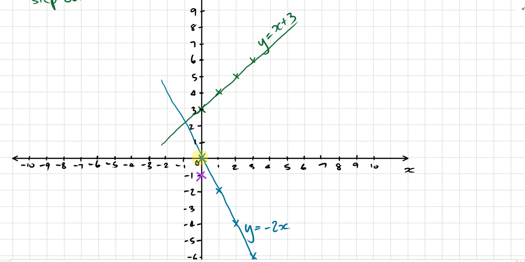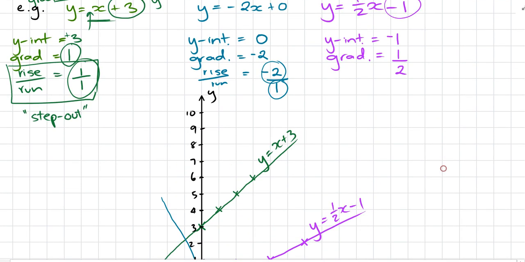So I'm going up 1 and to the right 2. Put a point there, up 1 and to the right 2. Up 1 and across 2, and then just joining those points. So that was y equals half x minus 1. And that's how you draw lines from the equation.